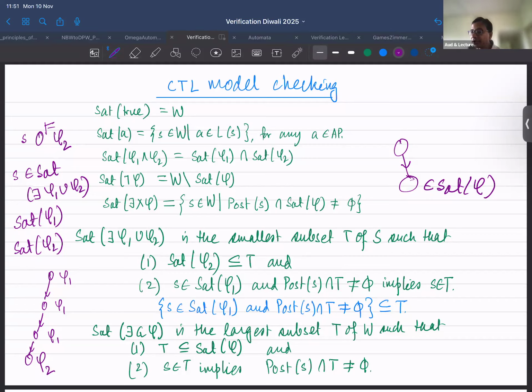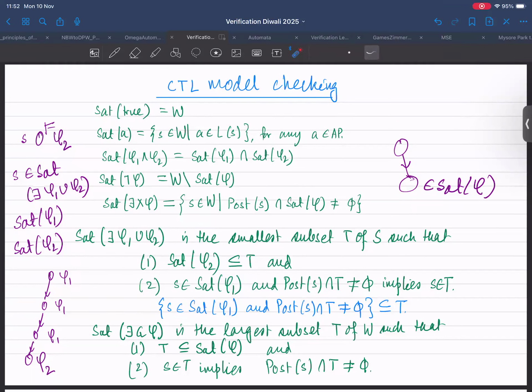If a state satisfies phi 2, it anyway belongs to SAT of exists phi 1 until phi 2, because I already have a path which satisfies phi 2 immediately. So it satisfies there exists a path satisfying phi 1 until phi 2. Clear?